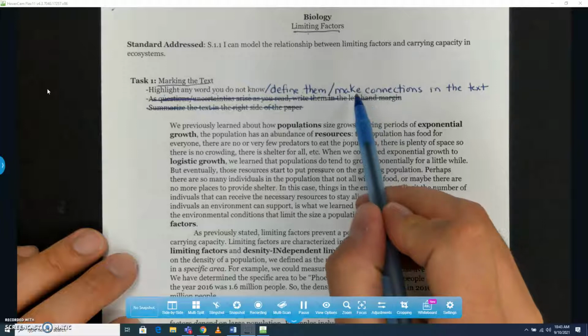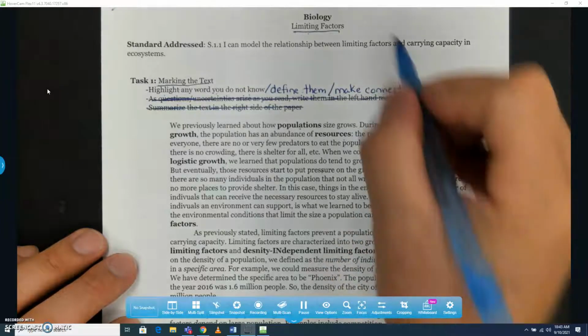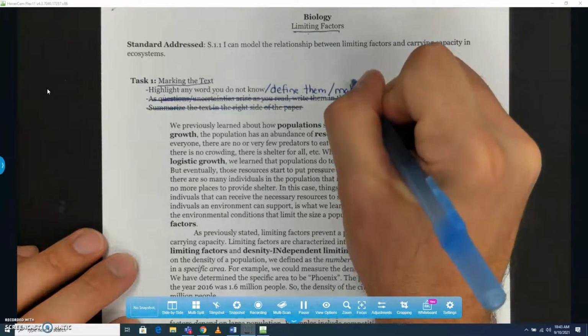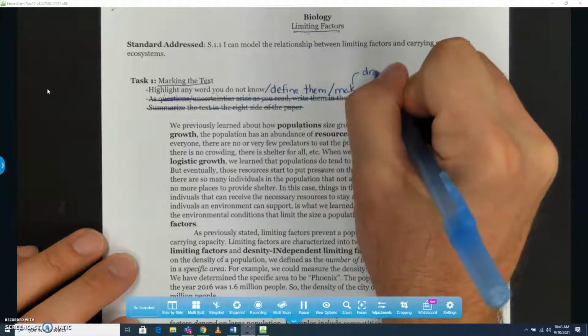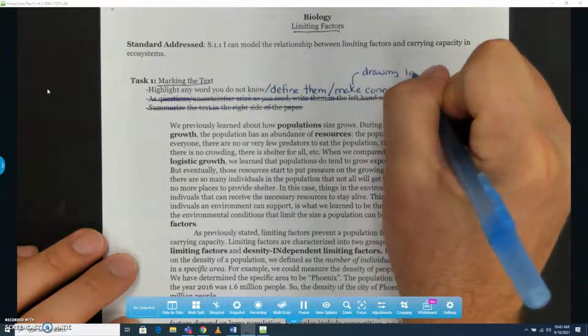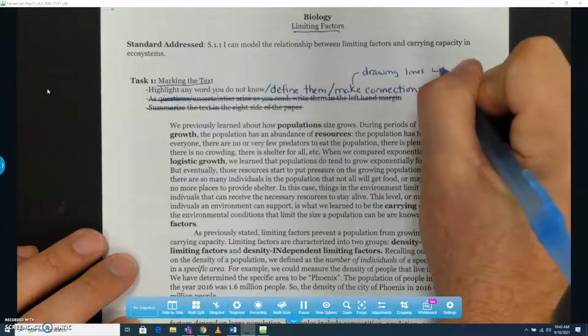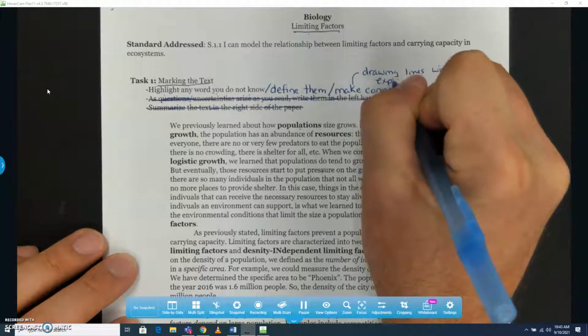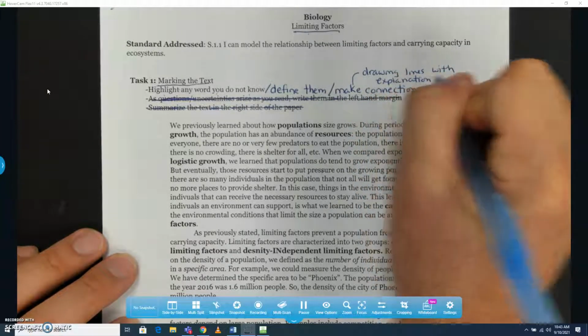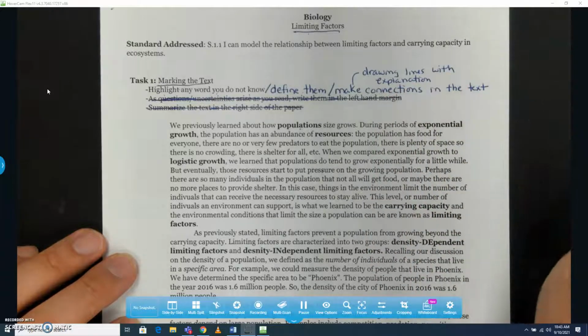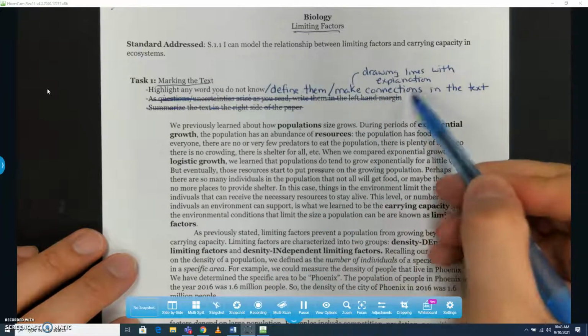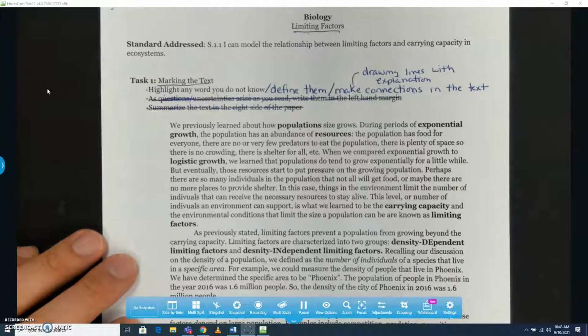And lastly, we're going to try to make connections in the text. And what I mean by making connections is drawing lines with the explanation for the line. And you'll kind of see what I'm doing, and I'll come back and reference this as we're going through this.